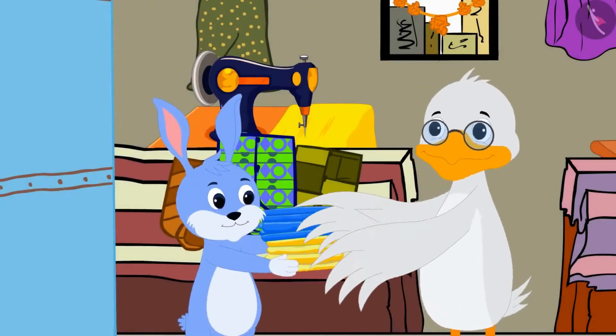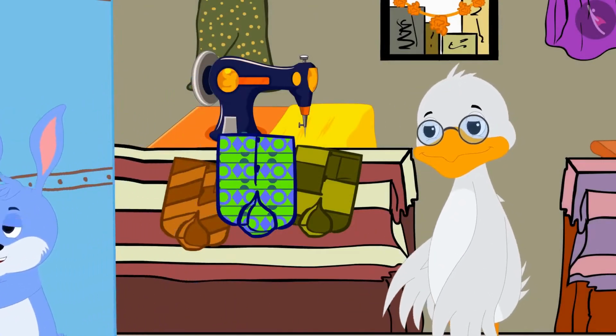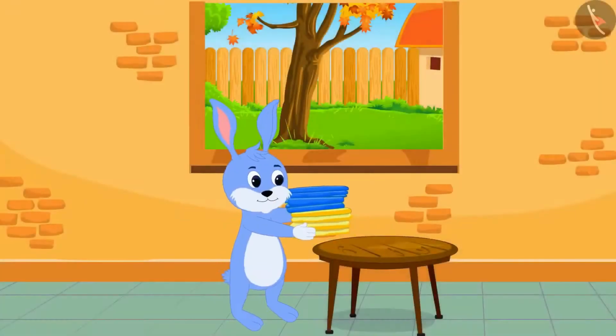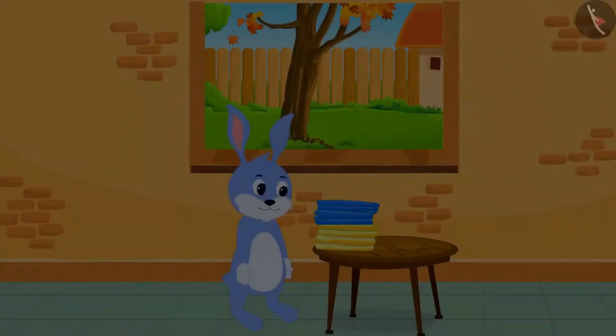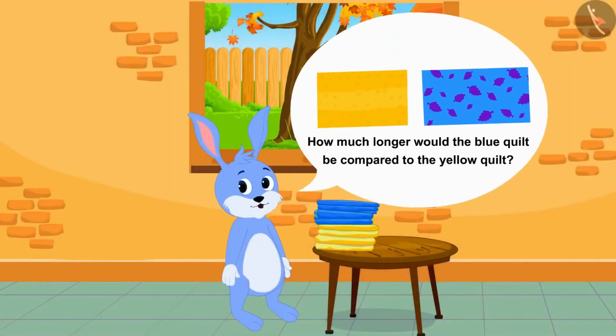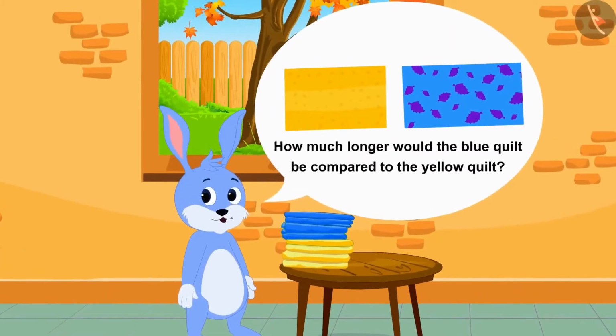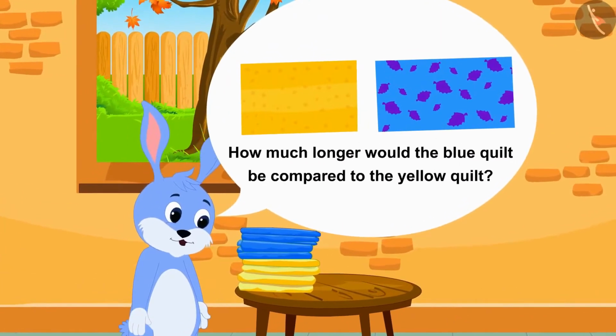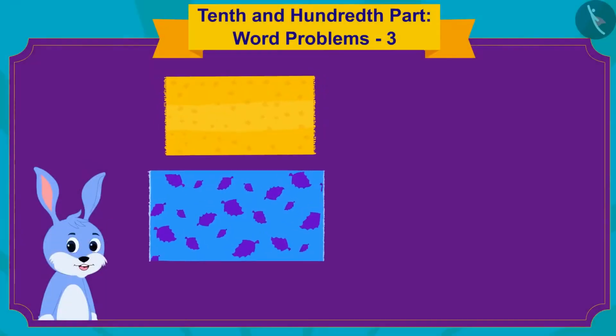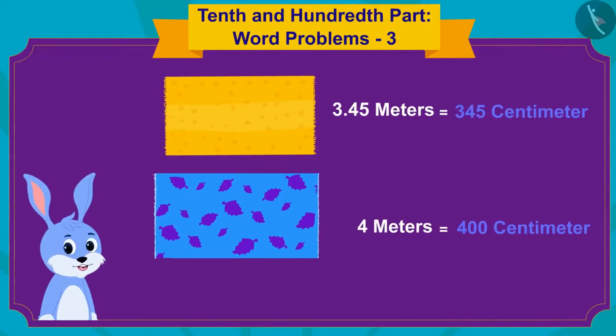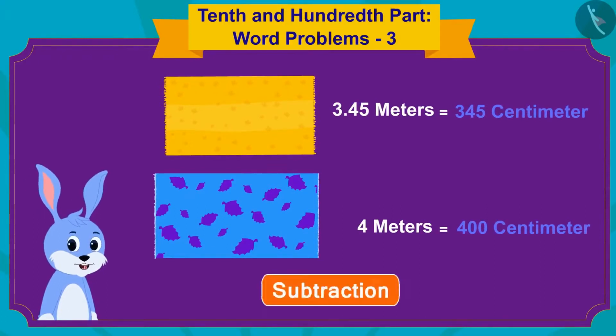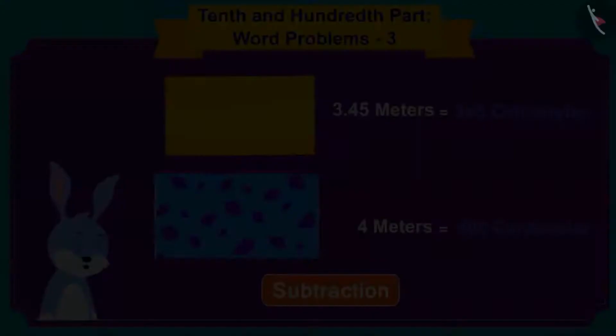Bunny bought the cloth for his quilt from Uncle and returned home. Bunny is thinking, How much longer would the blue quilt be compared to the yellow quilt? Oh, let me find the answer by using the subtraction process.